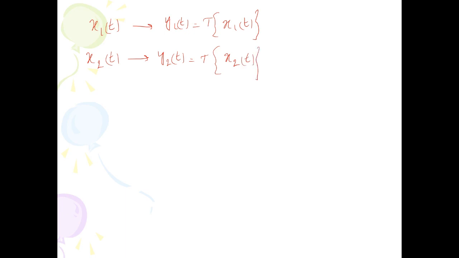Similarly, you apply the combined signal a into x1 of t plus b into x2 of t, and you will get a into y1 of t plus b into y2 of t. Then it's a linear system.